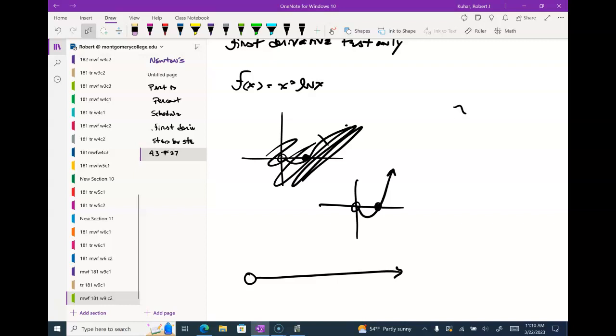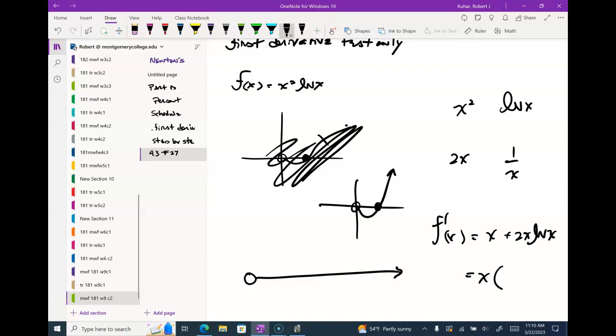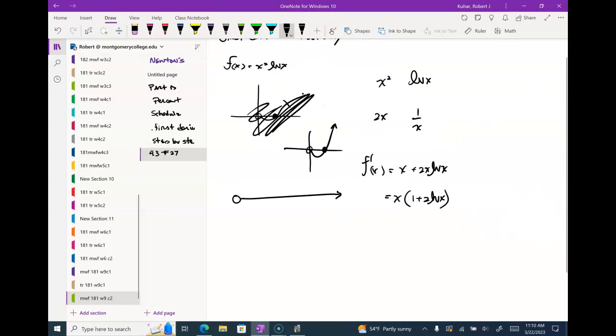Good, derivative. I need a product rule, right? So f prime is what? x plus 2x ln of x. And of course I could factor out the x, and I get x times 1 plus 2 ln of x, yes? We agree with that?